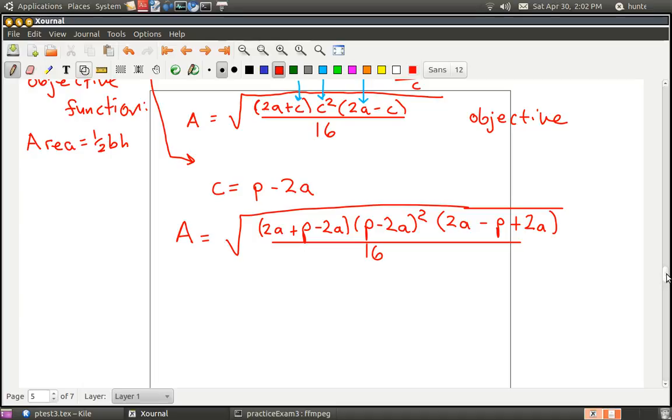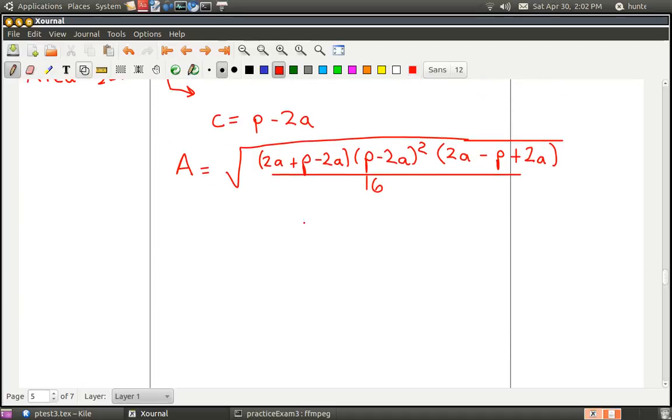Now I have it down to one variable, which is excellent, and let me just smarten it up here a little bit. So here I have 2A canceling with 2A, and I can combine these two. So let's see what happens after I do that.